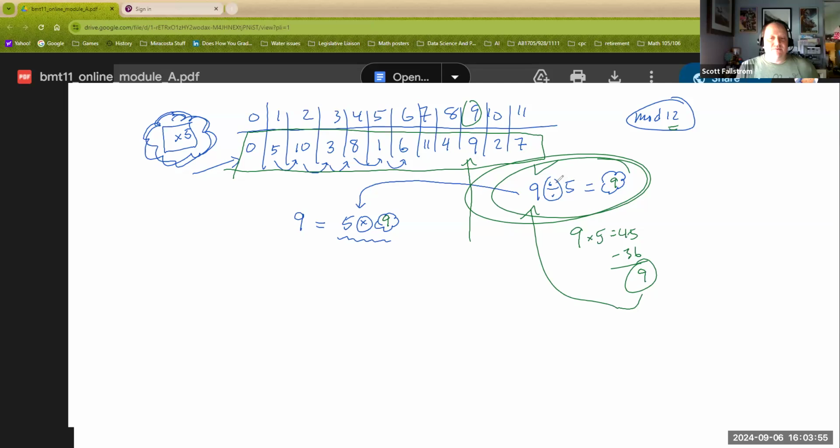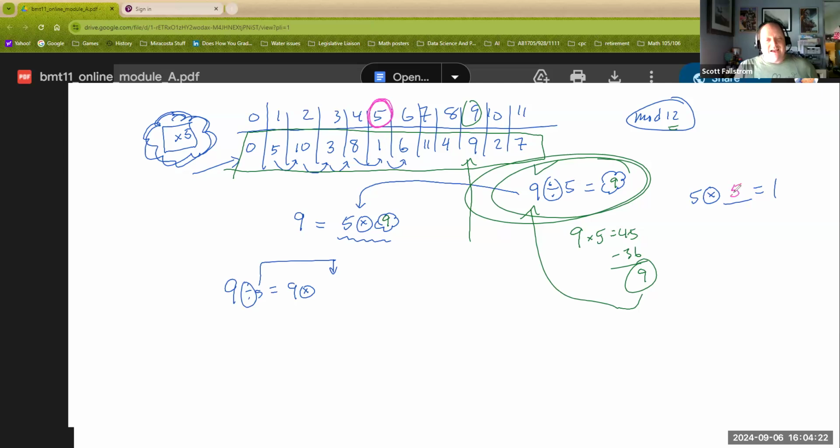So what we do instead is we say, let's take 9 divided by 5 and turn it into 9 times the reciprocal. Okay, so I got to go off to the side. 5 times what gets me to the number 1? Look in our table. 5 times what gets me to the number 1? 5 times 5 gets me to the number 1.